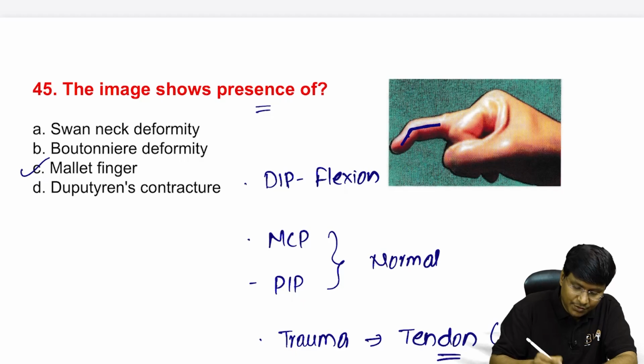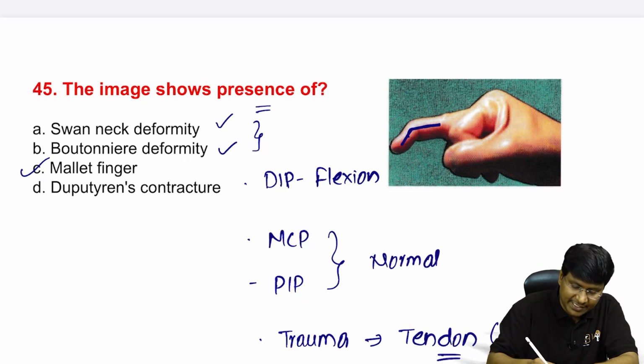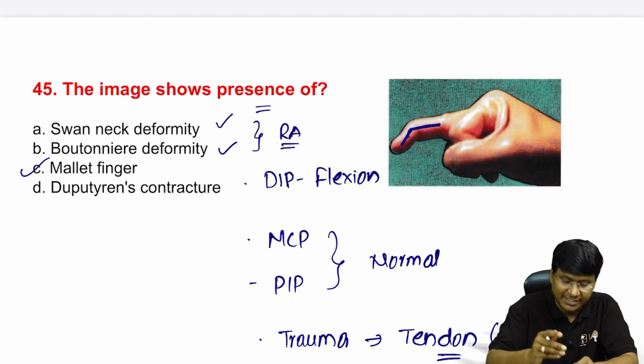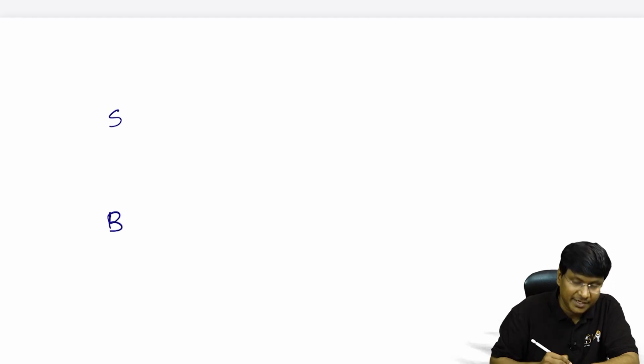Okay. Now, you take the swan neck deformity. Swan neck deformity and Boutonniere's deformity are what you see in patients with rheumatoid arthritis. What is the abnormality? It is again small joint deformity in rheumatoid arthritis.